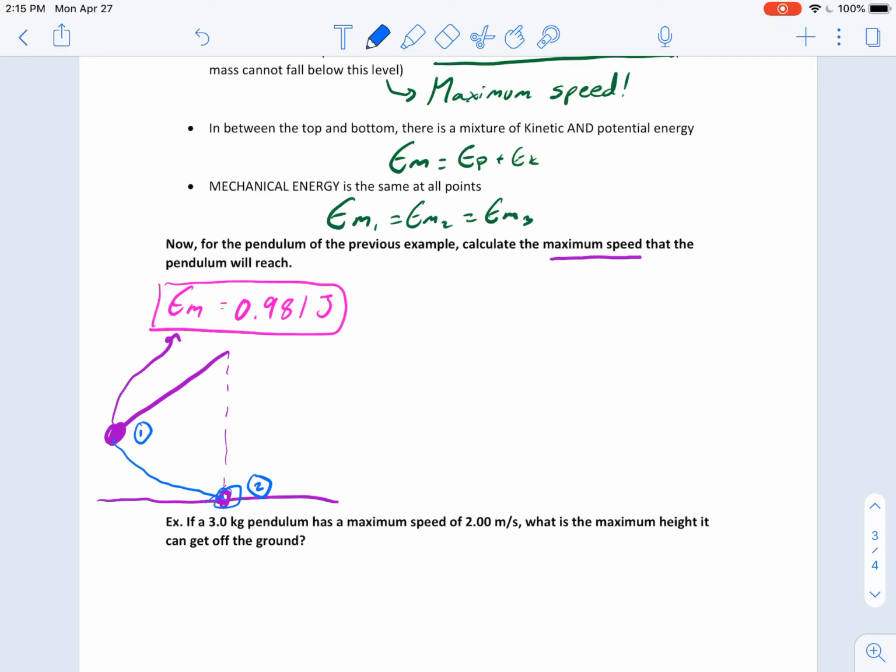So that's going to be our second point of time that we're going to look at. This is going to be our first. Remember, EM1 equals EM2. So let's look at it the same way we did last time. 0.981 joules has to equal the mechanical energy at this point, which, if you recall, our H is 0, meaning our potential energy is 0.